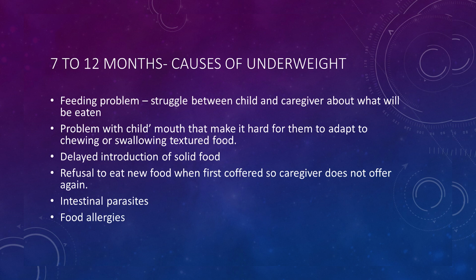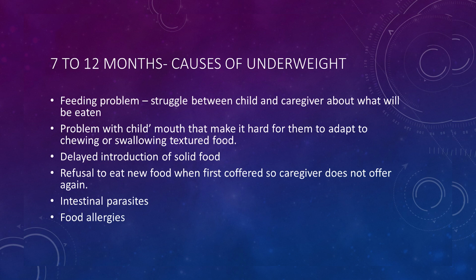Sometimes weaning is delayed because of the mother's lack of knowledge about weaning, and the baby is only kept on the mother's milk, but that is not enough after 7 months of age. Because of the delayed introduction of solid food, again the child is undernourished and may end up underweight.